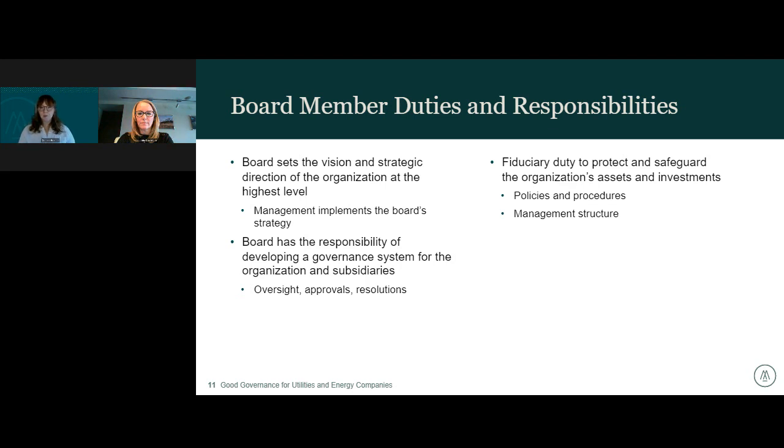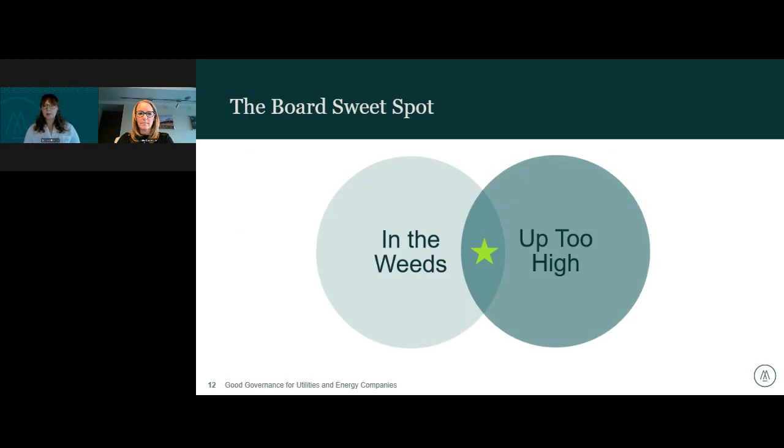And then any board has a fiduciary responsibility to protect and safeguard your assets and your investments. And that comes up in a couple of ways: policies, procedures, internal controls, and also what that management structure is that oversees those, and having confidence in it. I think we have probably all worked in organizations where the board really feels like they're not in that sweet spot.